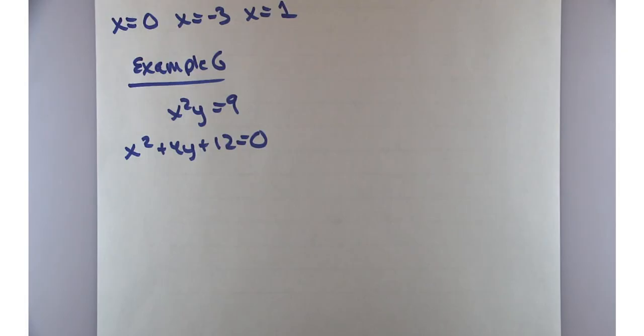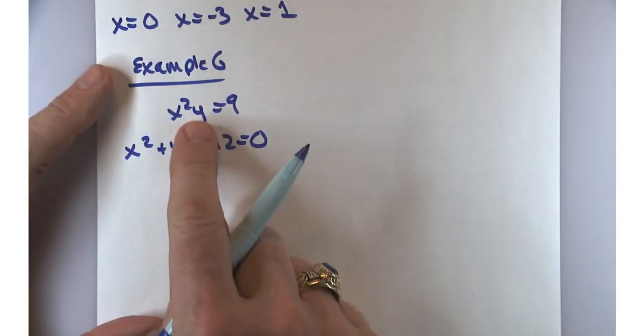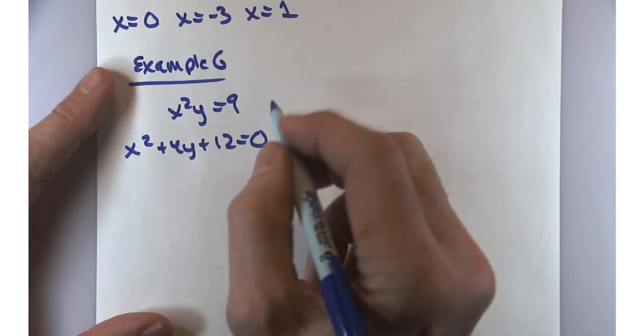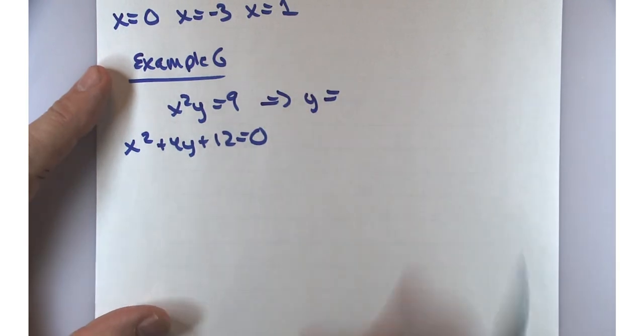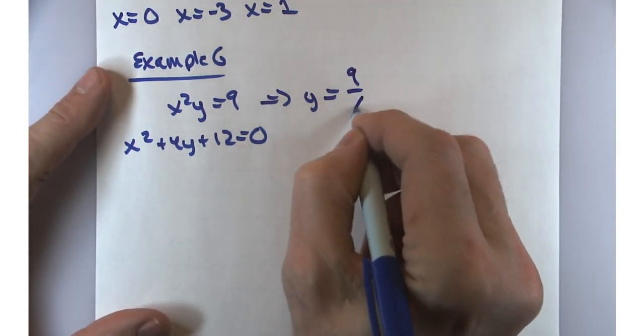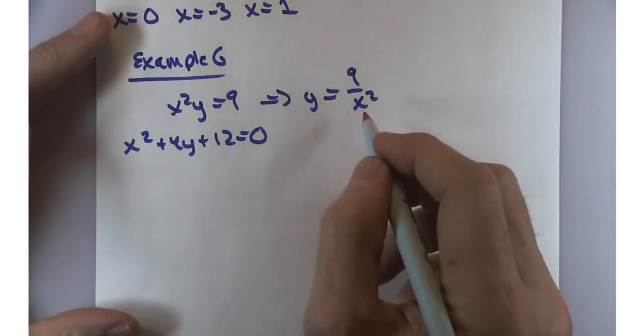There's always the substitution method, right? If I was going to solve for something, I think solving for y from the first equation would be the easiest. What does y equal? 9 over x squared. So great, we're going to take that and plug that in for y.